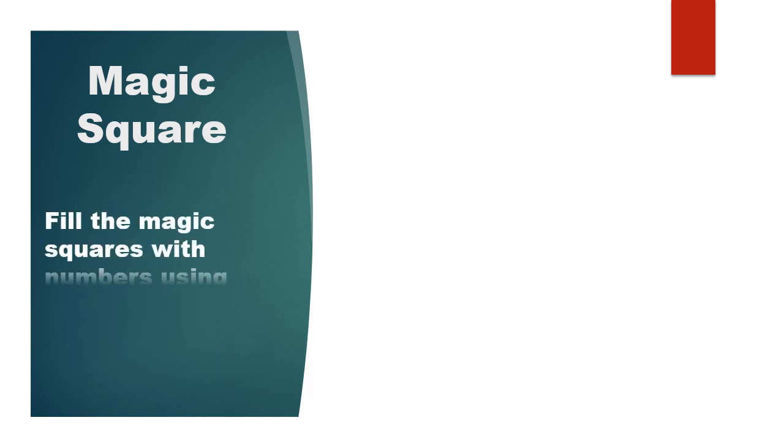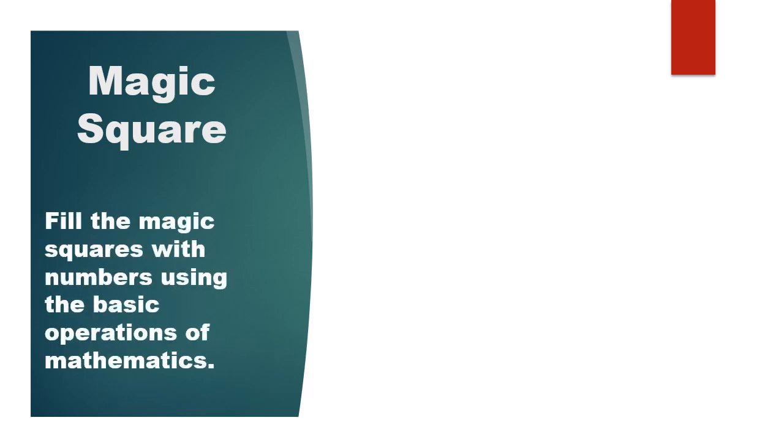Now, my dear children, in this chapter you have studied how to play with numbers. Yes, here we are going to discuss the magic square. What do we do in the magic square? In a magic square, we fill in the squares with numbers using the basic operations of mathematics.